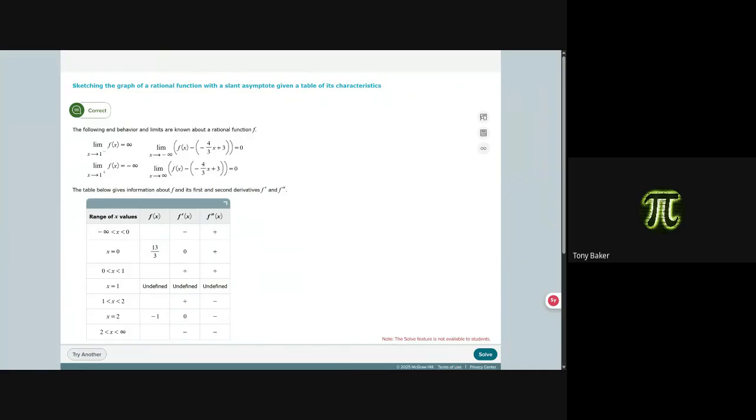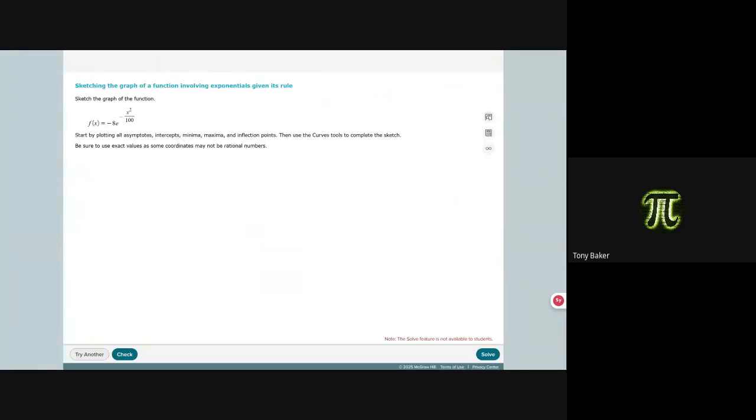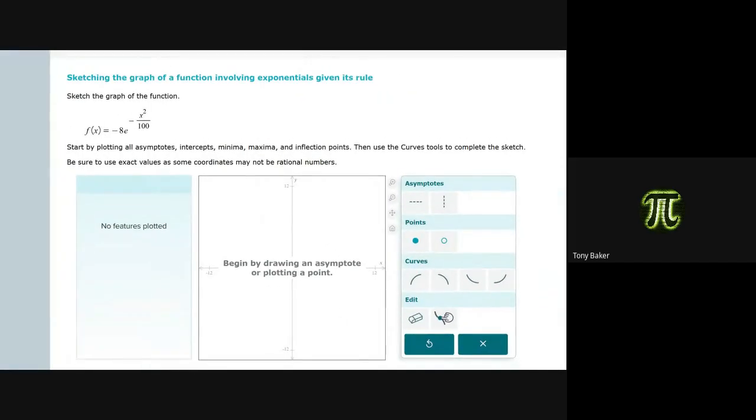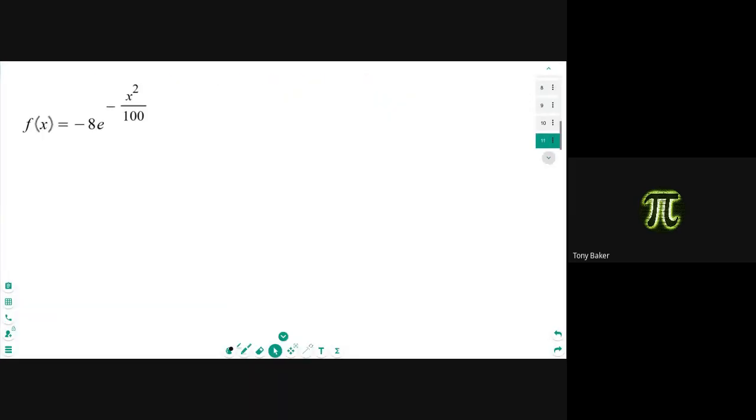Let's do an exponential. Any domain restrictions?